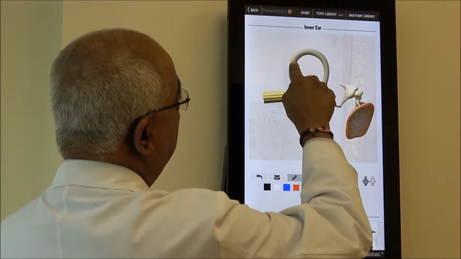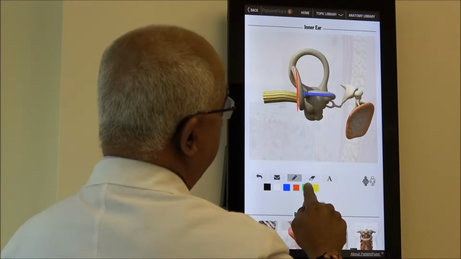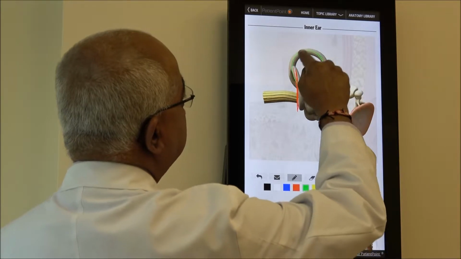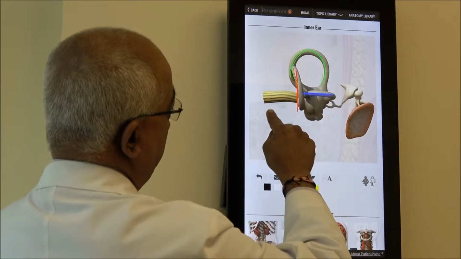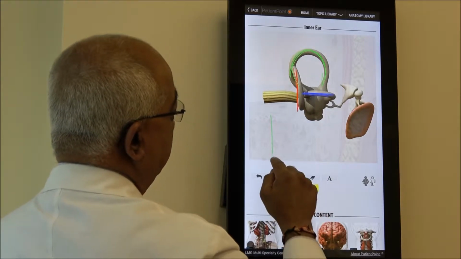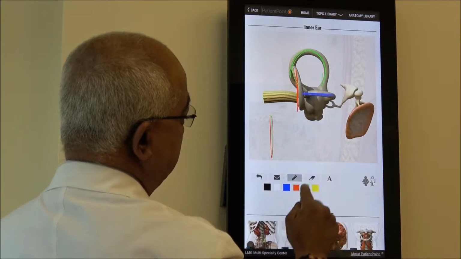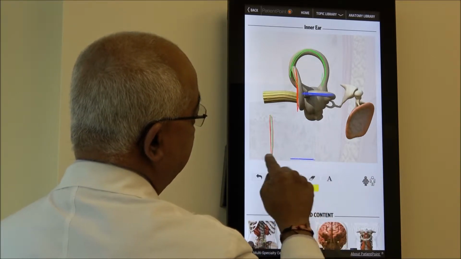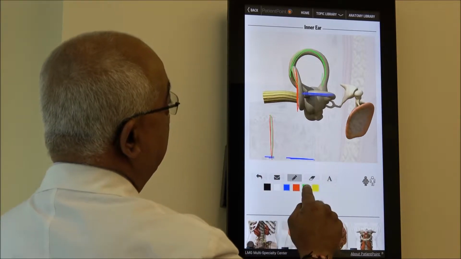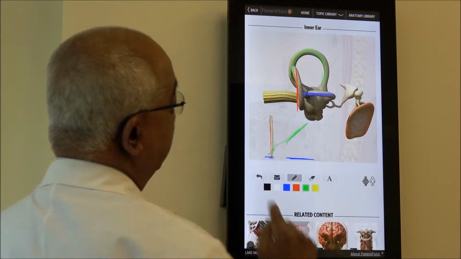You have a vertical loop in one axis, and then you have another loop on the opposite axis here. So you have an x-axis, a y-axis here, an x-axis here, and you have a z-axis on the other end.